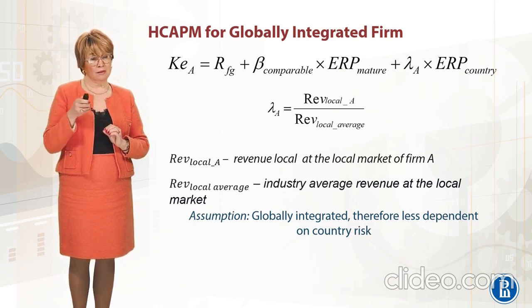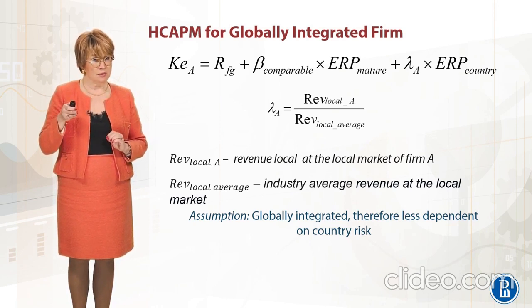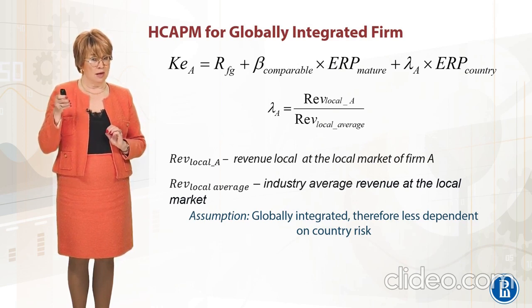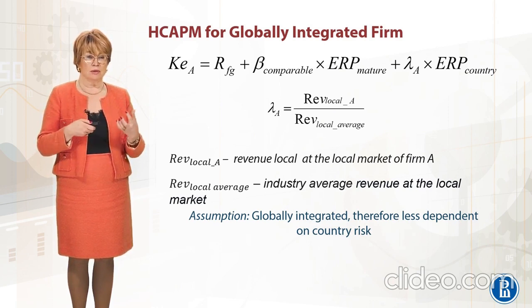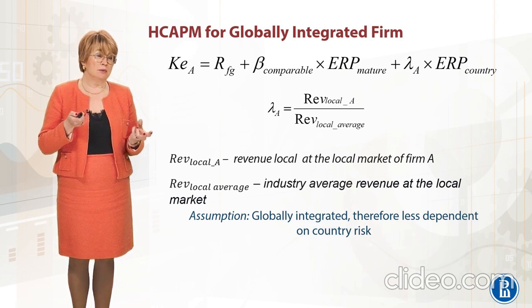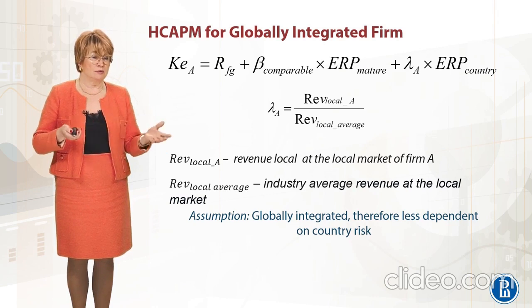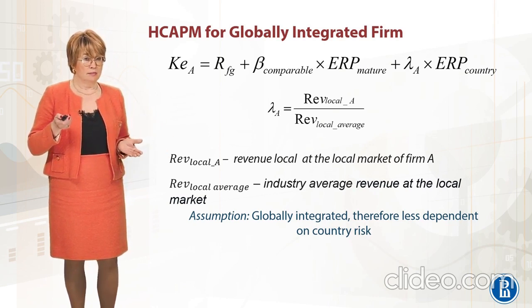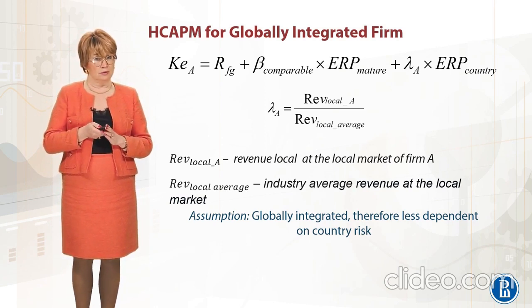That's why the third term on the right-hand side of the equation appears, which is the product of lambda multiplied by the equity risk premium of that particular country. So, what is our assumption here? This is a unique company which is exporting a lot of its product, which is very successful in the foreign product markets, and which is much less dependent on the country risk.